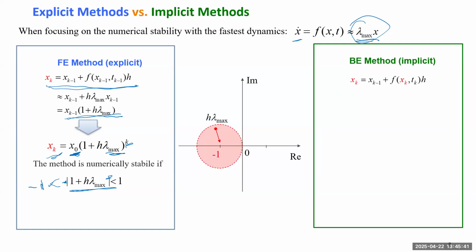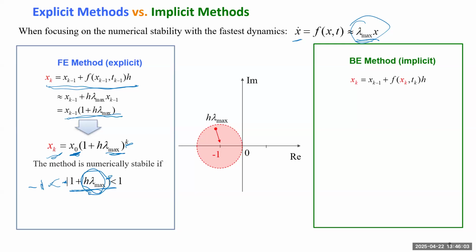Here we can also assume the system itself is stable, so we don't want the stability of the system to be mixed up with the numerical stability. Let's just assume that lambda has a negative real part, so it will be on the left-hand side of the imaginary axis, which means this complex number will be on the left-hand side.